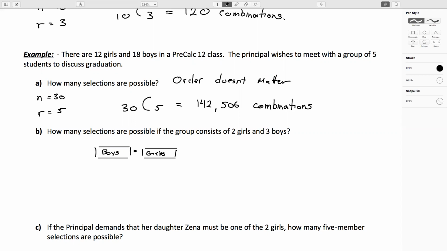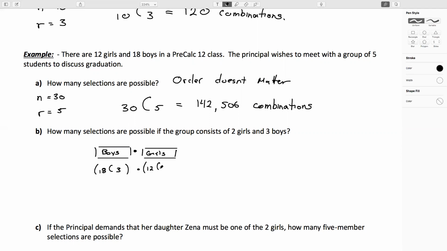For boys, there were 18 of them, and we're choosing 3. So 18 choose 3 is the number of combinations of boys. The girls, there were only 12 of them, and we're choosing 2 of them.